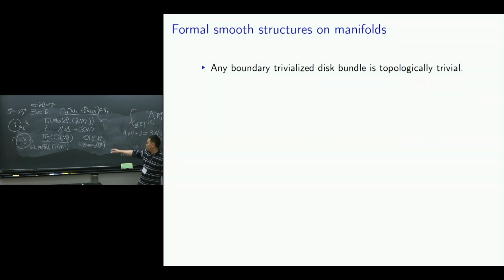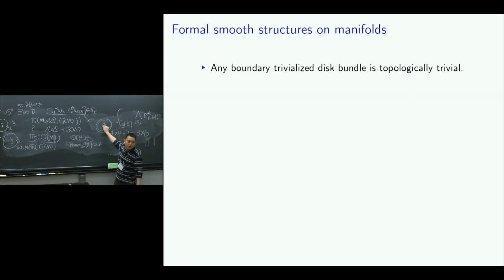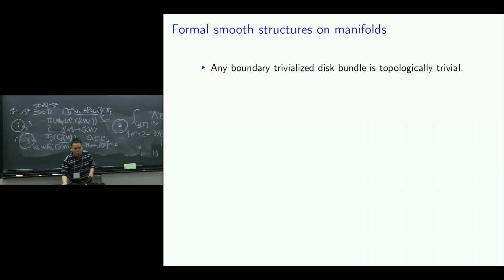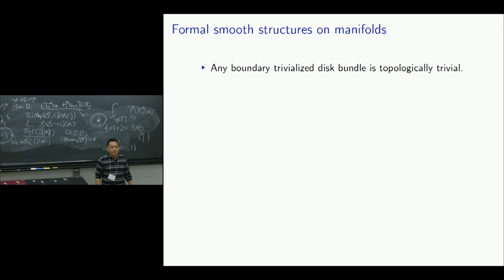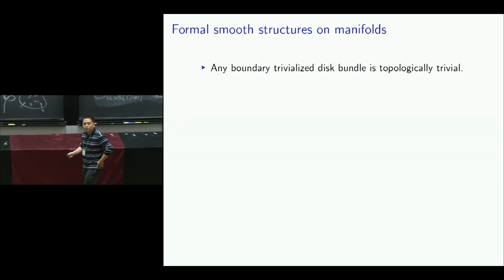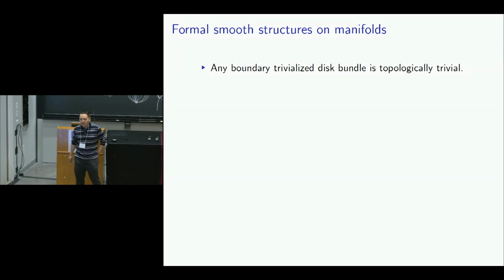However, by the Whitney trick, this is actually contractible because, since it's standard on the boundary, you can squeeze everything to the origin. You don't care about the smoothness because you are considering the homeomorphism group here. So the homeomorphism group of a disk relative to its boundary is actually contractible. So that means any boundary trivialized disk bundle is topologically trivial.